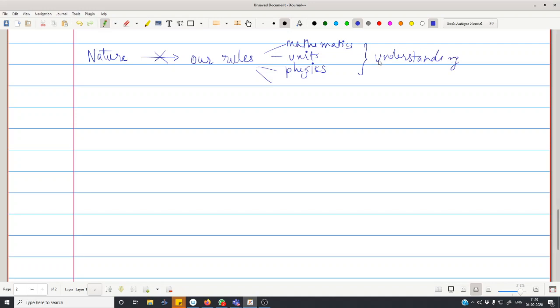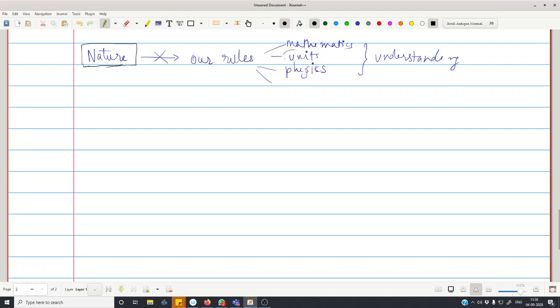Our abstraction is only to understand the working of nature. It has now gone to a very weird state where we want to do things which we don't understand. But if you look at scientists back in the day, understanding nature was the key thing, and that is why everything used to be called natural sciences. So nature does not depend on all this.